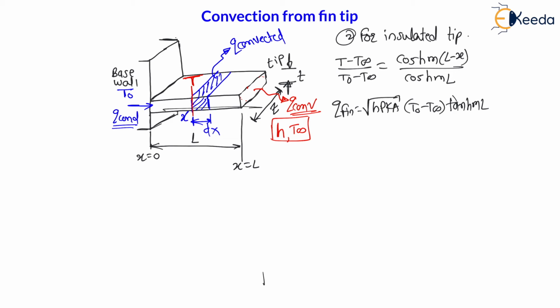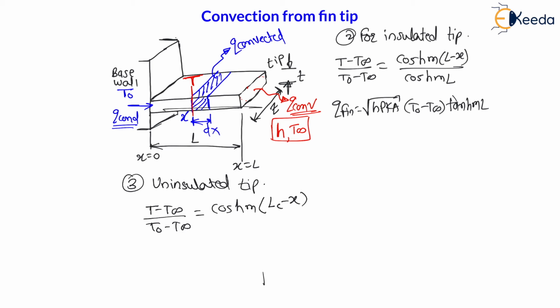Now, my dear students, let us consider the third case, that is, uninsulated tip. Here the temperature profile, T minus T infinity divided by T naught minus T infinity, will become equal to cosh M (LC minus X) divided by cosh M LC, where LC is the corrected length.